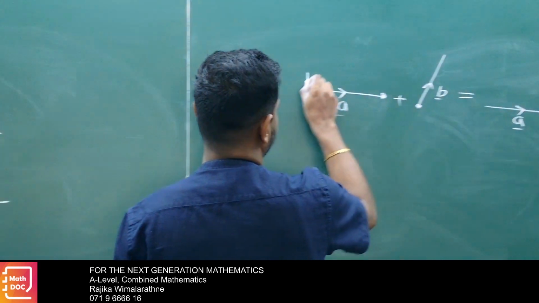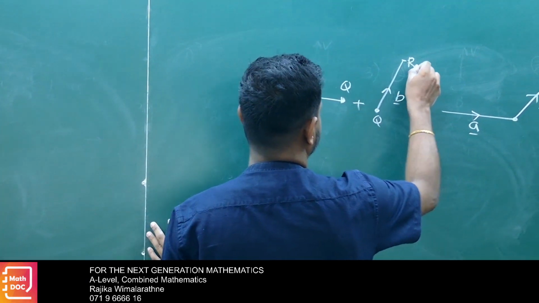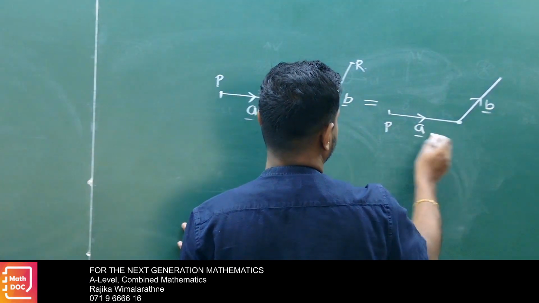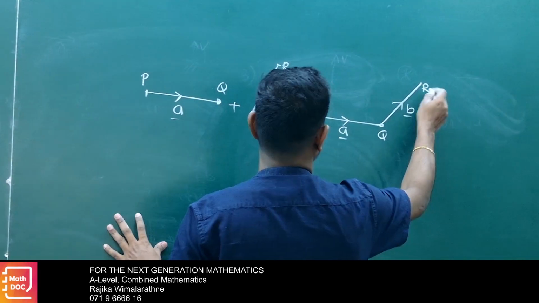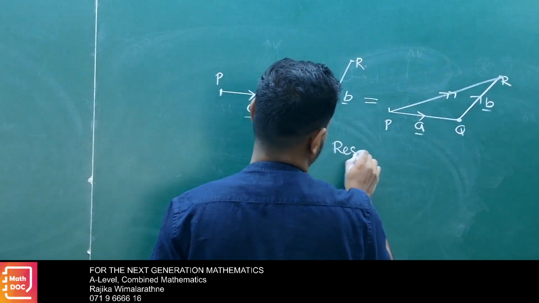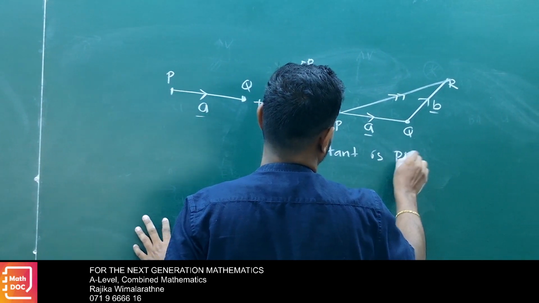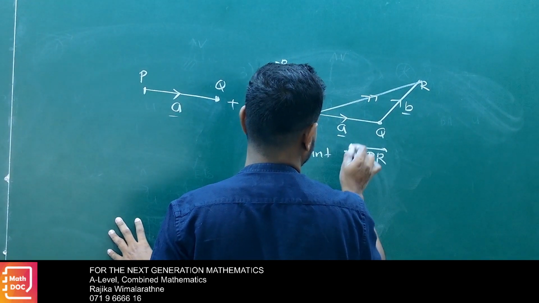Let's denote this one P, Q. Then here you take Q and R. Then P, Q coincident, here R. The resultant is the PR vector, no? That is the triangle of vector addition.